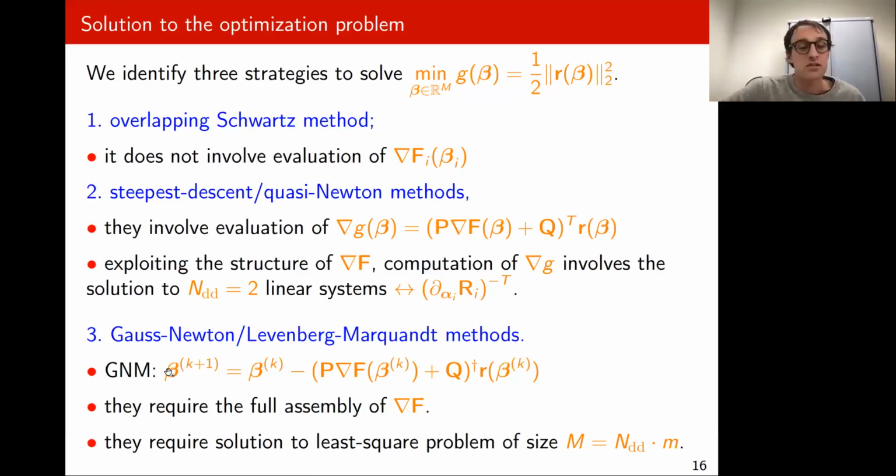For convenience, I just consider the Gauss-Newton one. You see here that those methods require the full assembly of the gradient of f, and also require a solution to a least square problem of size m equal to NDD, the number of subdomains, times lowercase m, which is the number of port modes in each subdomain.